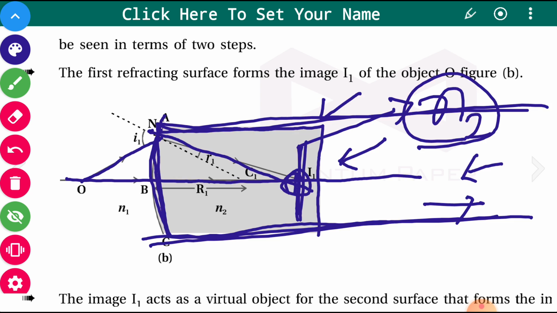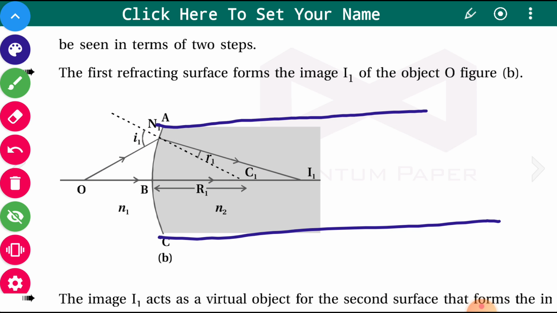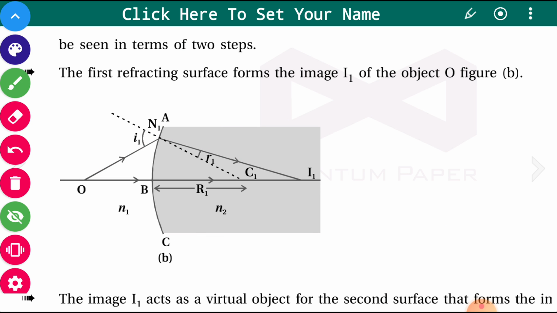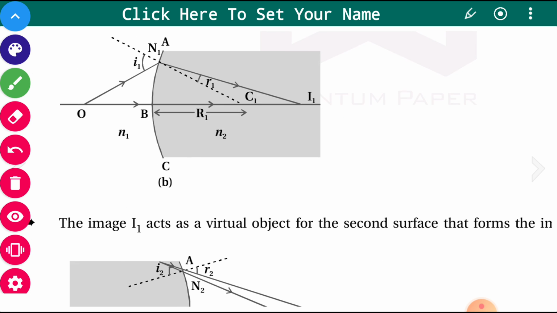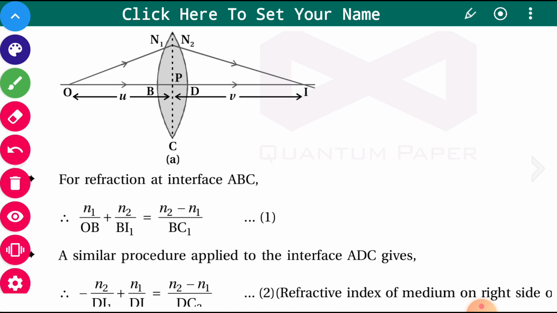If the medium had been made up of glass, the image would have been obtained at this point I1. So for this situation, the rays are going from rarer to denser medium, and the equation which we derived last time can be written in this way.